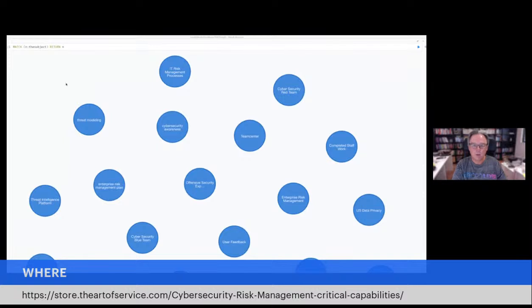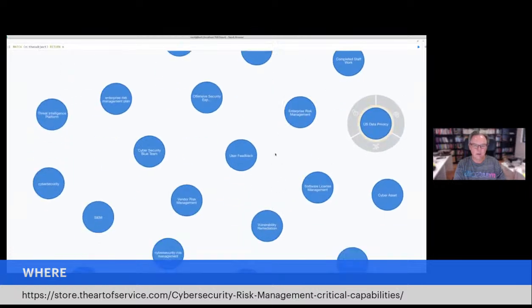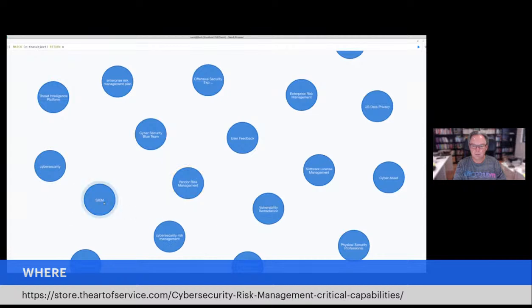So where do you need to focus on? You need to focus on these activities. IT risk management processes, cybersecurity red team, have that in place. Cybersecurity awareness, do that. Threat modeling, threat intelligence platform, enterprise risk management, data privacy, vendor risk management, have a SIEM in place, vulnerability remediation, etc. I won't read them all, but you get the idea.